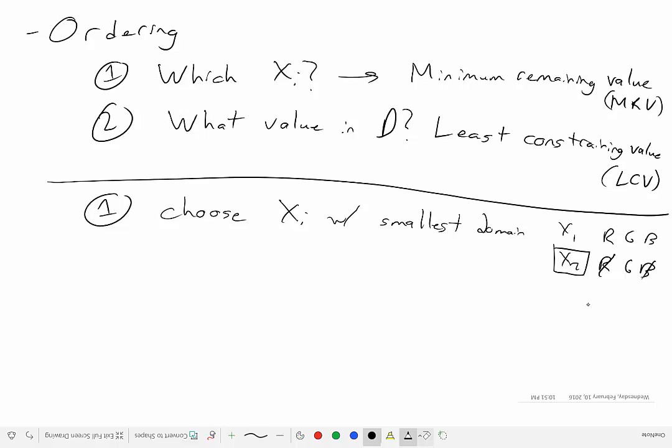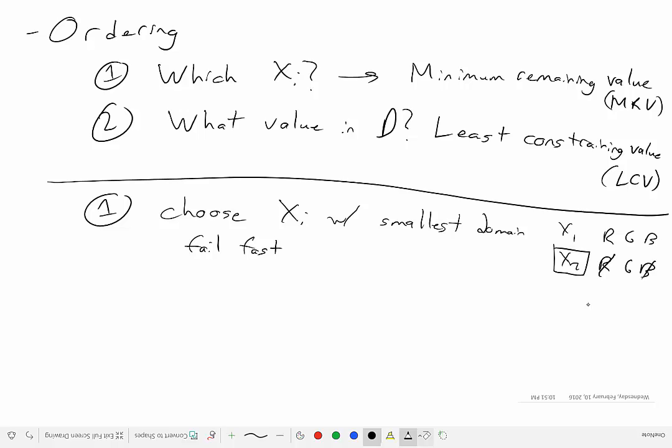Now, why would we want to do that? So this has the idea of failing fast. We noticed that when solving the CSP, we have to assign a value to all the variables xi, no matter what. So if I have to assign a variable to x2, I might as well do it sooner rather than later, because it has the smallest domain. So assume we had a situation in which we did x2 last and x1 was its neighbor.